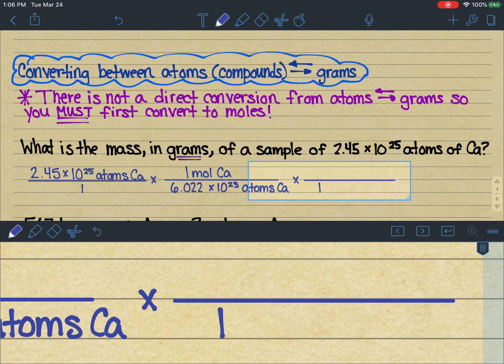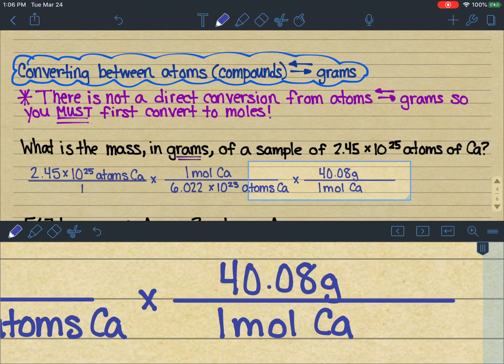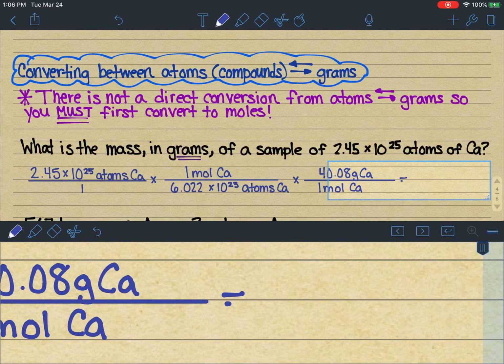My next step then would be putting 1 mole of calcium on the bottom and working to get to grams. Looking on your periodic table of atomic masses, you will see that 1 mole of calcium has a mass of 40.08 grams. I would encourage you at this point to pause the video, plug that calculation into your own calculator before checking your answer here.